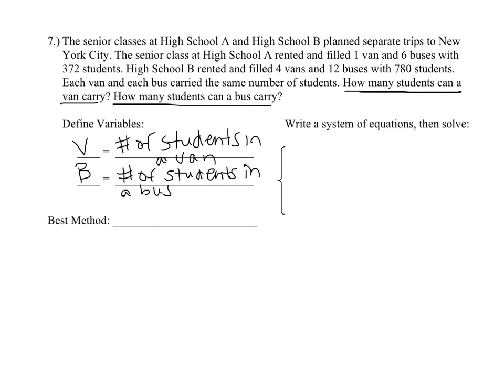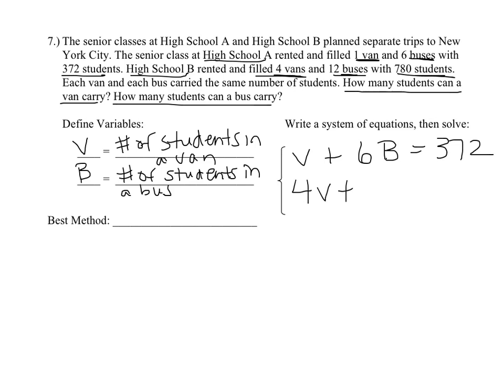All right, so now we've got, you don't want to say that your variables are A and B because we've got an equation for school A and an equation for school B. So let's take an equation for school A. 1 van and 6 buses with 372 students. Well, there you go. V plus 6B equals 372. And the other one, 4 vans, 12 buses, 780 students. There you go. 4V plus 12B equals 780 students.